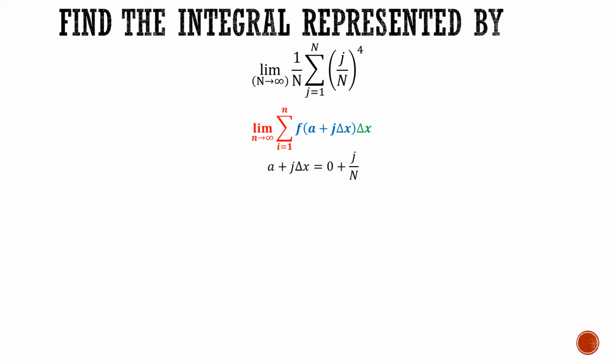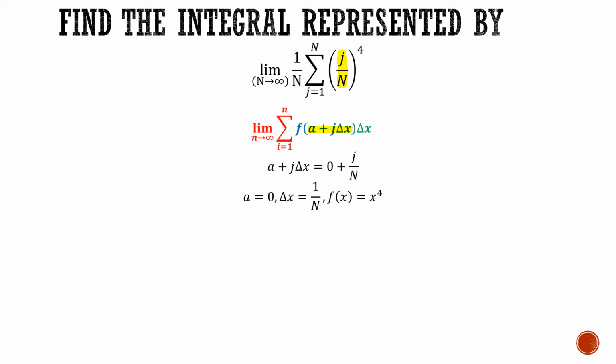So if we match it up, I notice that this piece in the middle, this a plus j delta x, is simply the piece inside the function, because it's f of something, and I know j over n is being raised to the fourth, so I know that this a plus j delta x is simply 0 plus j over n. It's whatever's inside of your function. So that tells me that a is 0, my delta x is 1 over n, and my function itself has to be x to the fourth.